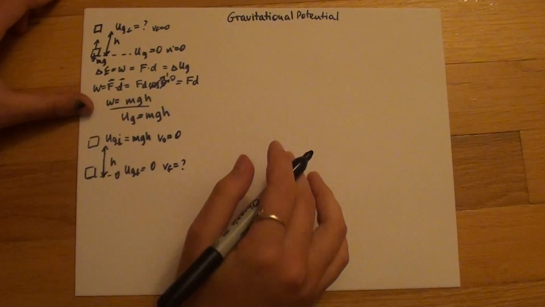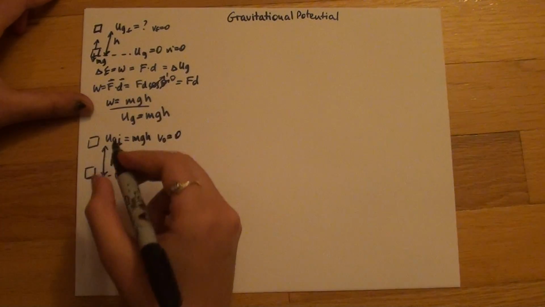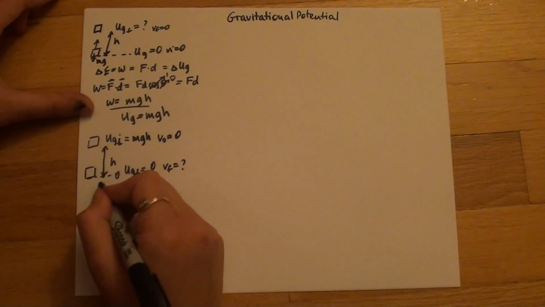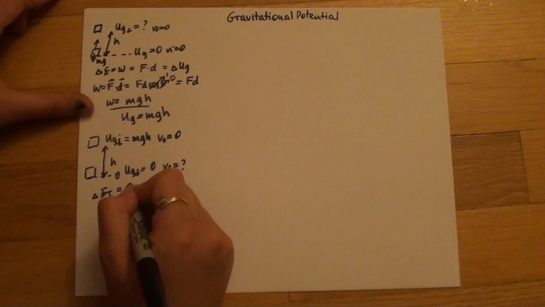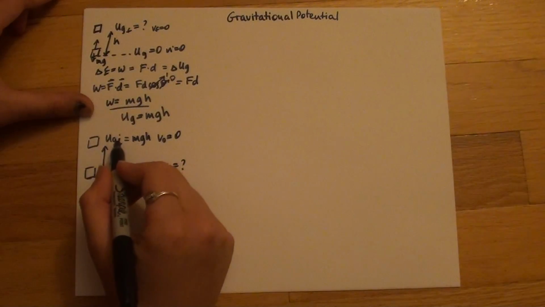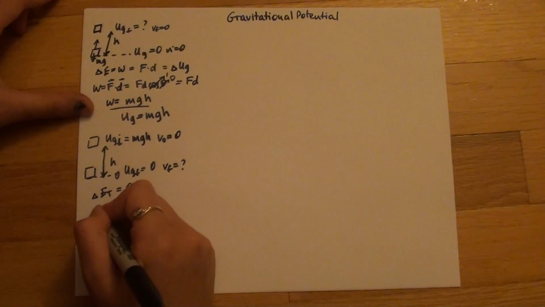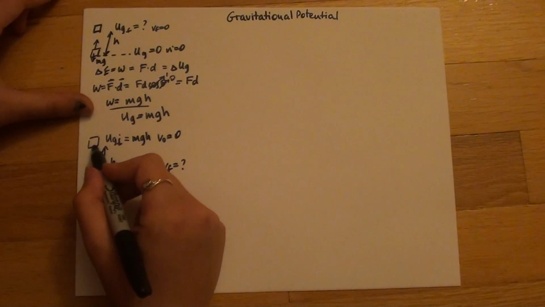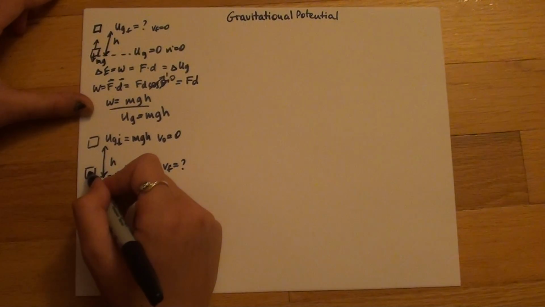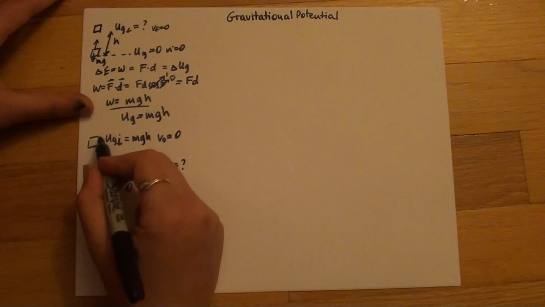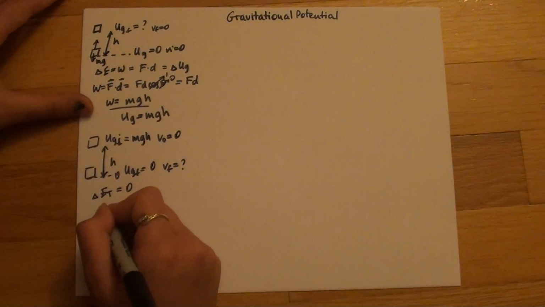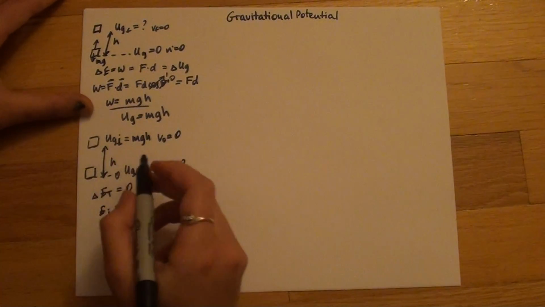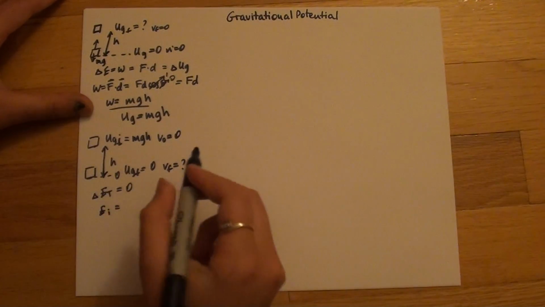Well, we know that the total mechanical energy change is equal to 0. So the total mechanical energy at this point over here will equal the total mechanical energy at this point over here. I'll label this the initial energy.